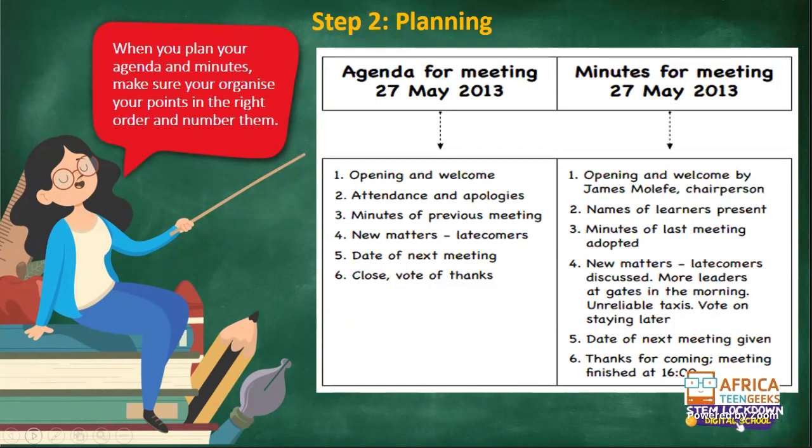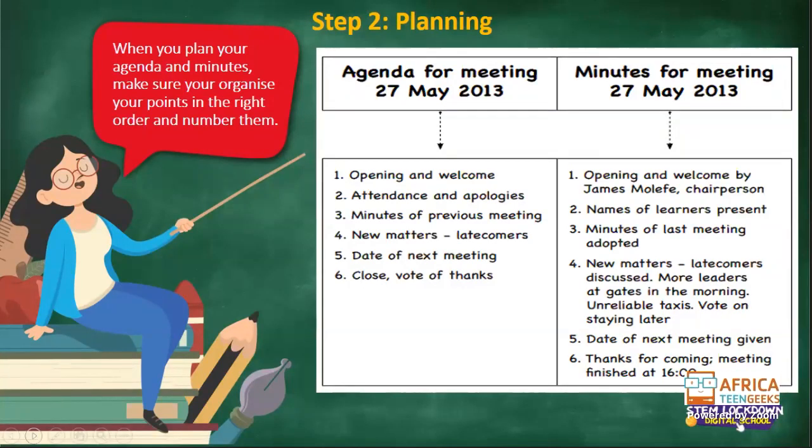Same number of points, just write down what each point will be. And when you write down your agenda, it's going to be exactly the same as your planning. And then your minutes as well. You must tell who opens and welcomes, the names of the learners present, minutes, new matters, next meeting, thanks for coming, and what time the meeting ended. So it's very simple jotting down and planning.